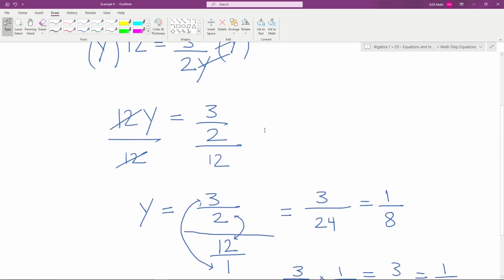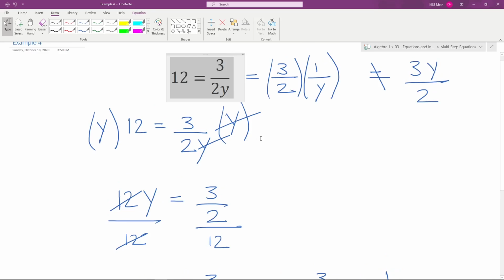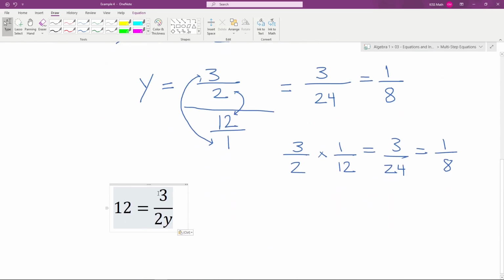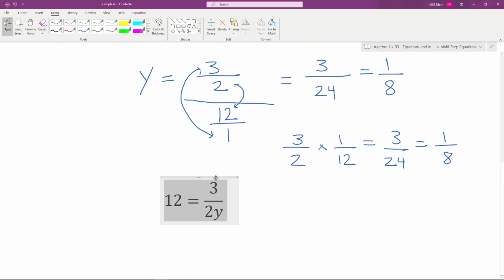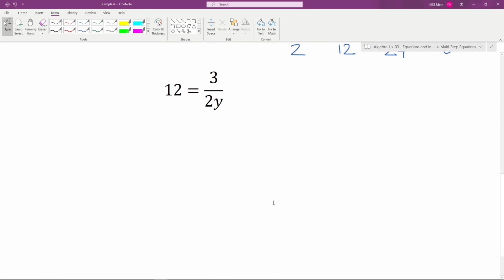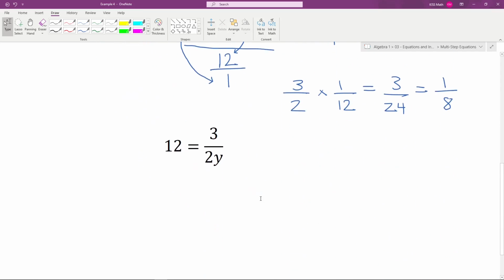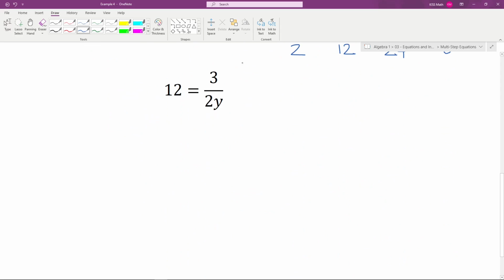But now let's check that answer and make sure that it's correct. So here's our original equation. And we said y equals 1 over 8. So 12 equals 3 over 2 times 1 over 8.